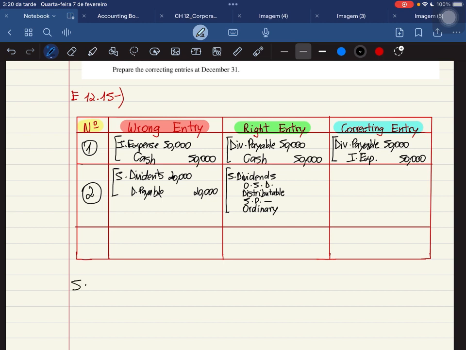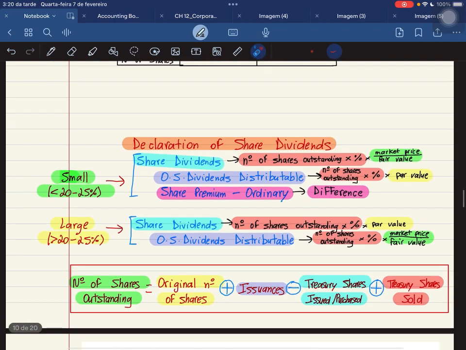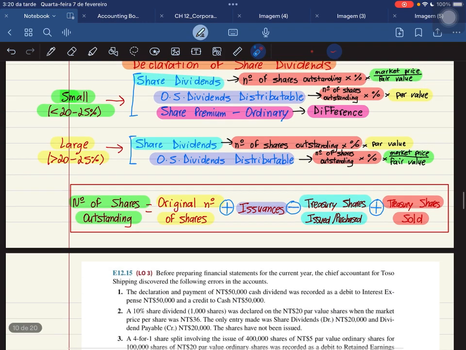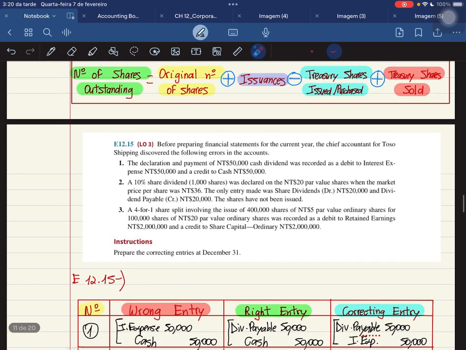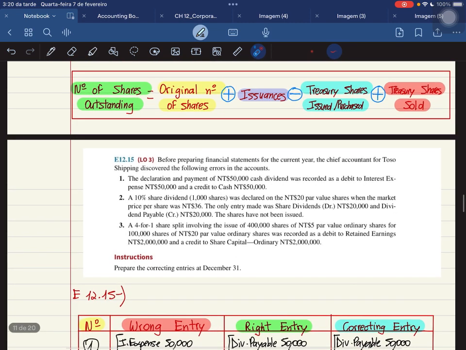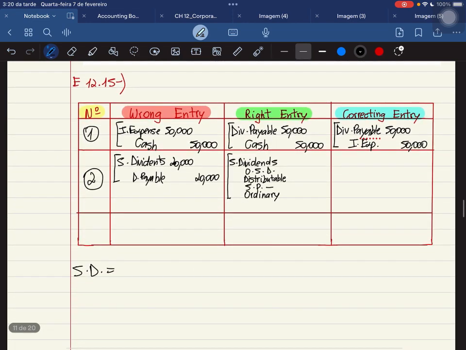Well, for the share dividends, that would be what? Remember that over here, if we're dealing with small dividends, which is our case, we would have the number of shares outstanding times the percentage times the market price or the fair value. So the number of shares outstanding, in theory, we would have to calculate using this formula. But here we don't have any other issuances or treasury shares to be deducted or added. So we can just use that 1,000 shares over here.